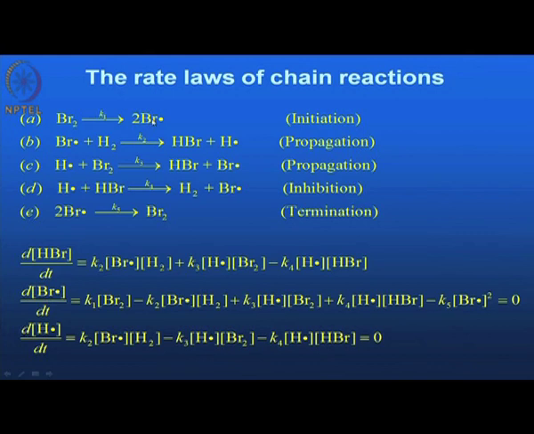So, this Br dot produces another H dot, and this H dot again reacts with another bromine molecule to produce HBr and Br dot. So, whatever Br dot was utilized in this K2 step is again generated through K3 step. So, these two are basically propagating this reaction. Okay. So, the process remains alive because of these two propagation steps.